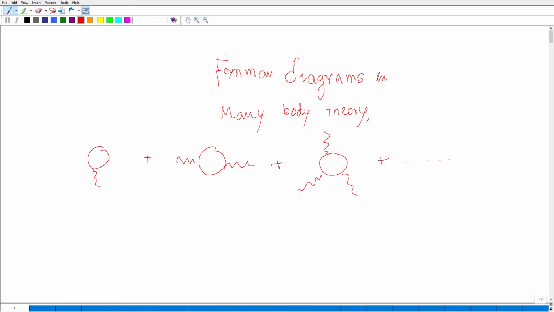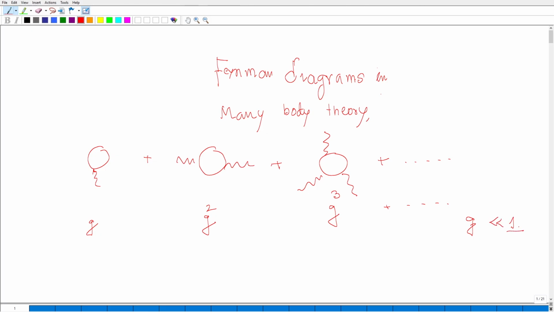Each power of insertion of this line introduces an additional factor of the coupling constant, let us call that G. So, this particular diagram contributes to the theory some correction which is of order G. The next one adds a correction which is order G square, the third one of order G cube, and so on and so forth.